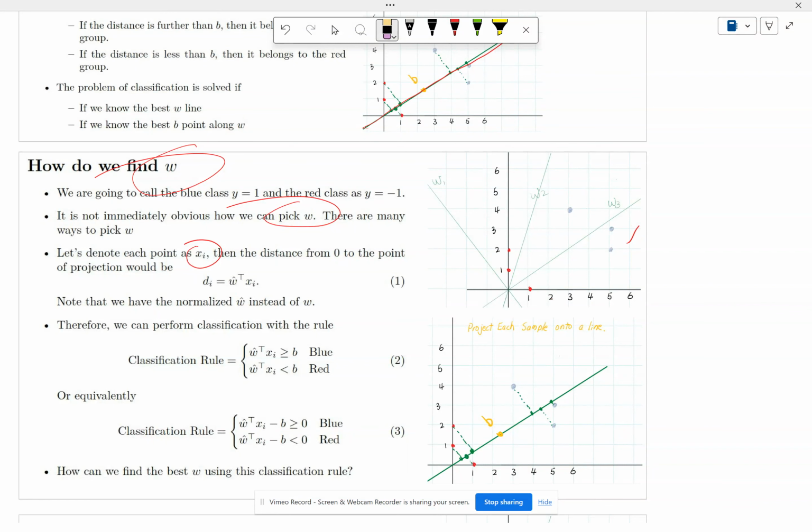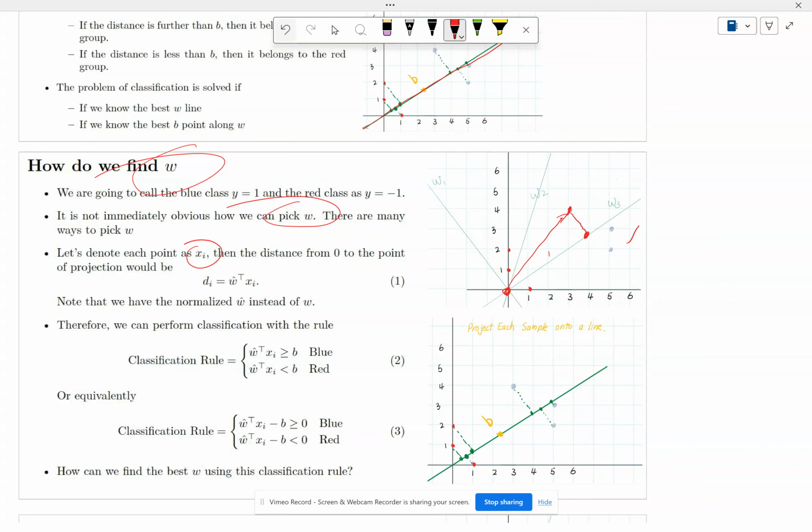And therefore, we know the distance from 0 all the way to the point of projection. So if I were to project this onto W3, for example, the vector would be here, and after the projection, it will be right here.